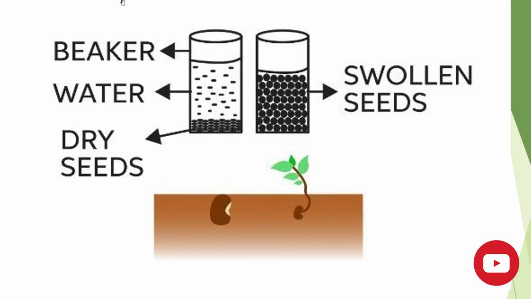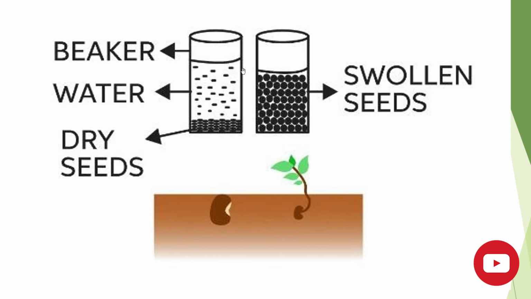We can see in this diagram that first we have taken some dry seeds in a beaker full of water. Also, you have to mark the level of water here. The level of water is this much. After some time, what we are going to observe is that the dry seeds have completely absorbed water, swollen and become puffed.